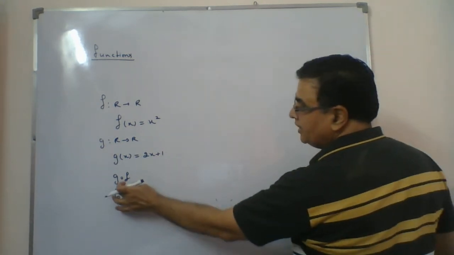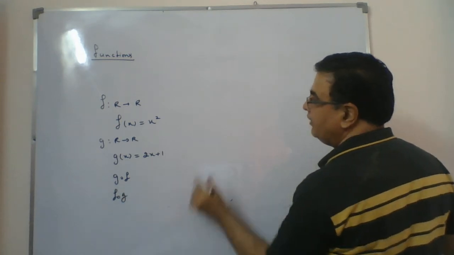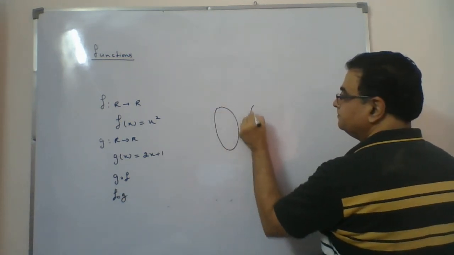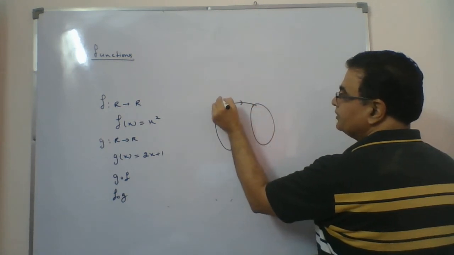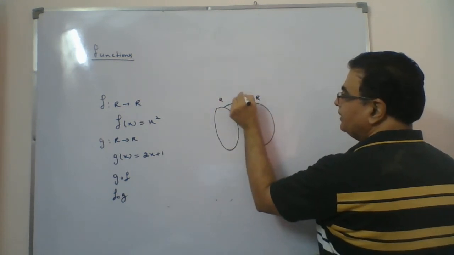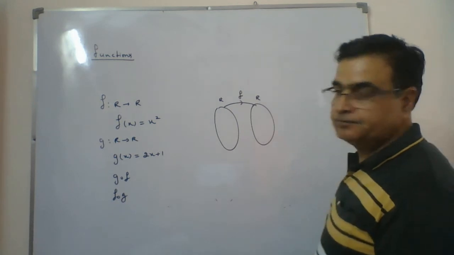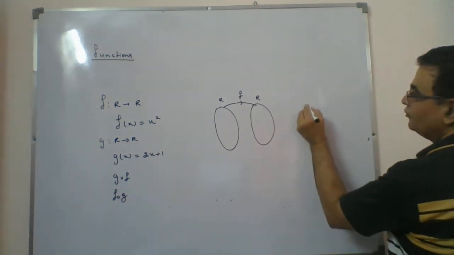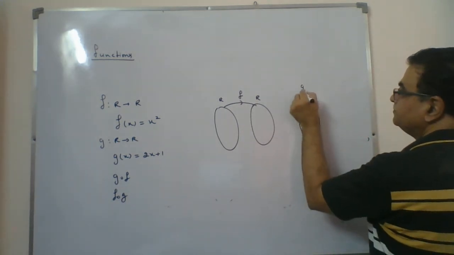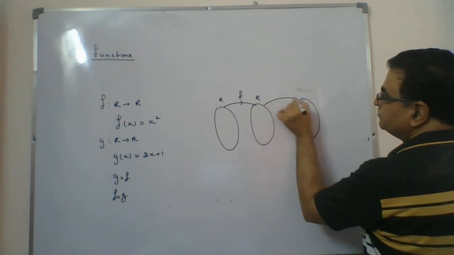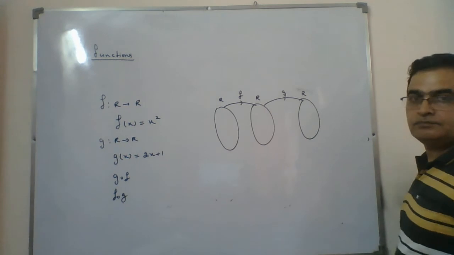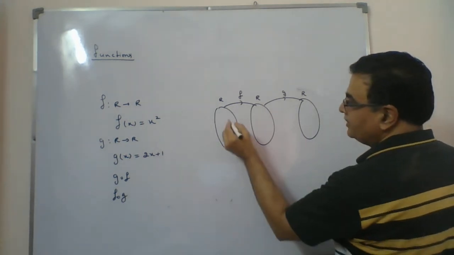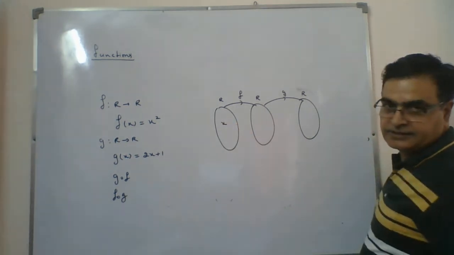When we want g composition f, first thing is clear, the f function is to be taken. The f function will be going from real to real, and this is f. Then the second function will be g, that is also going from R to R. And here we have the element x.